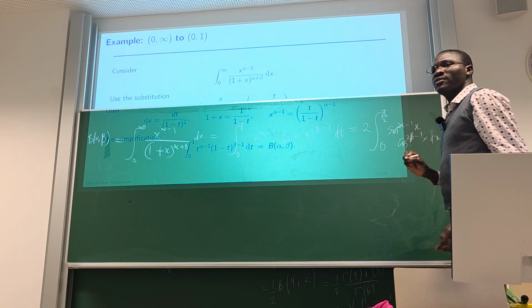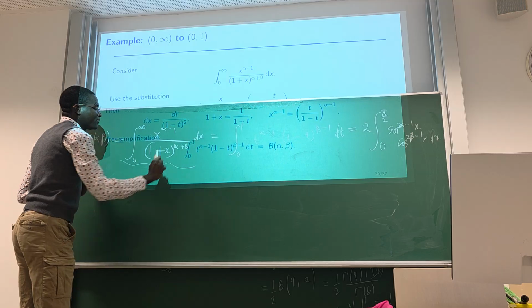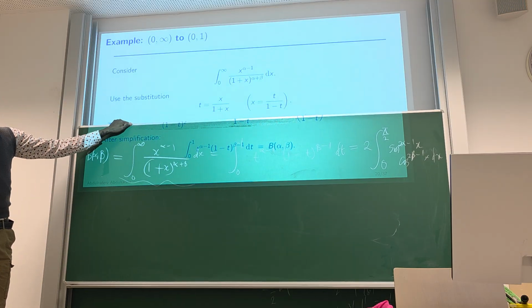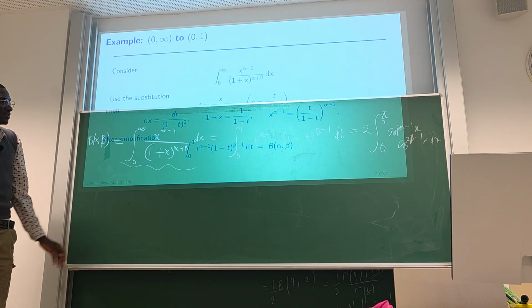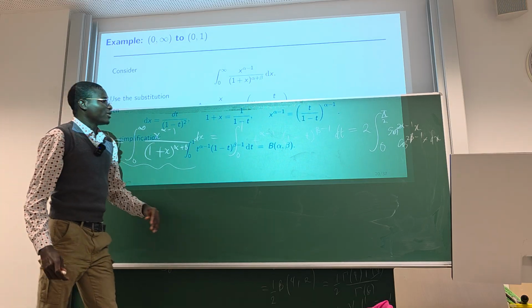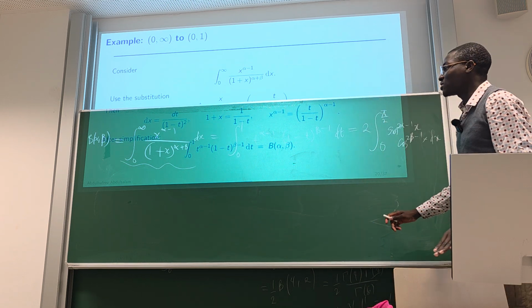Okay, so yeah, we call this Euler's second integral, or the Eulerian second integral. This would be the first one, and this would be the trigonometric one.